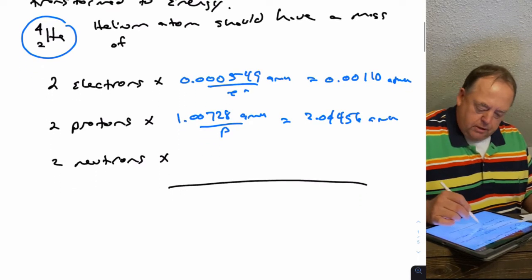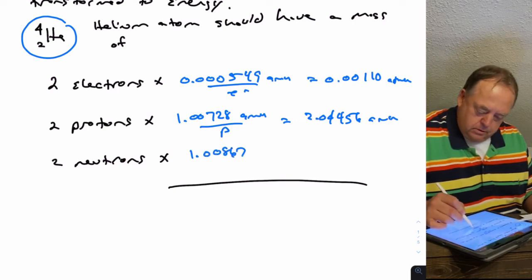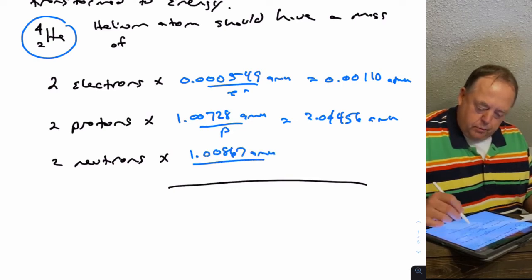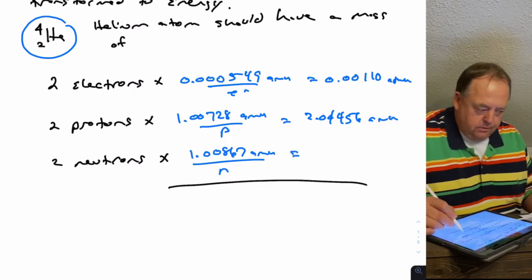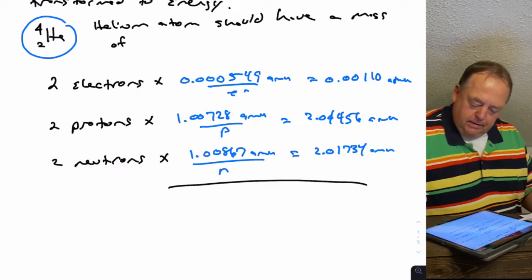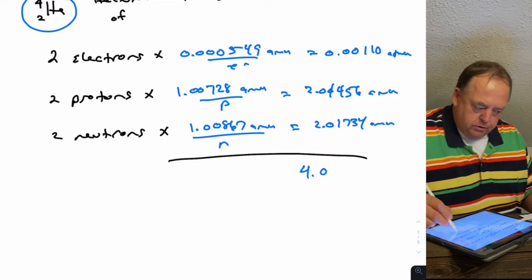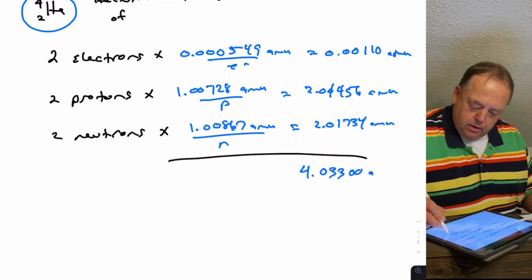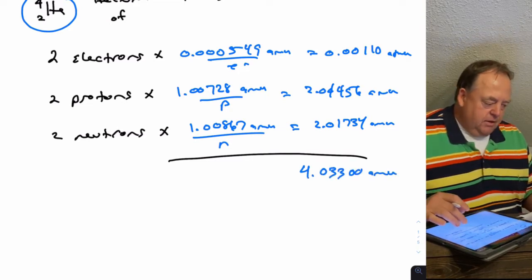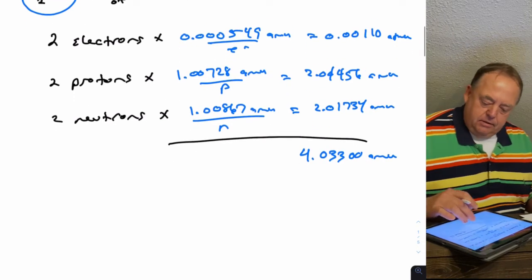And a neutron is slightly heavier than a proton, 1.00867 AMU per neutron, and there's 2 neutrons. So if we add up the mass of a helium, it should weigh 4.03300 AMU, right, but it doesn't.